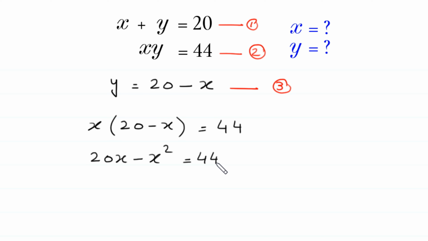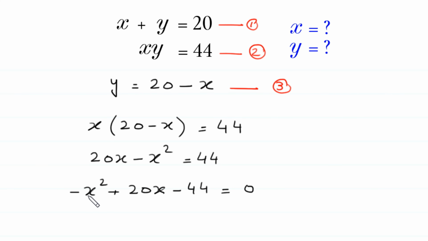Now we move this 44 to the left side. We write this negative x square here first: negative x square plus 20x, and this positive 44 becomes negative 44 at the left side, is equal to 0.